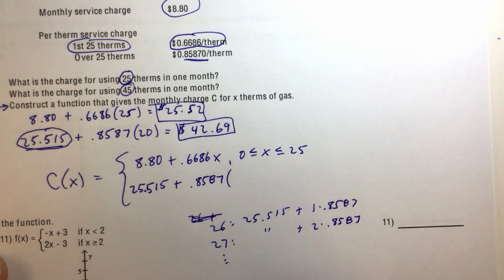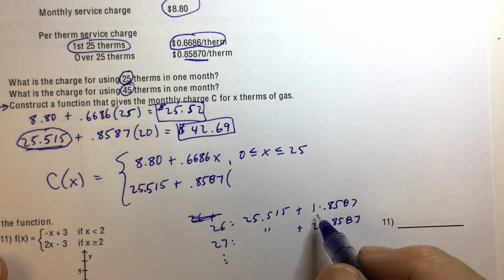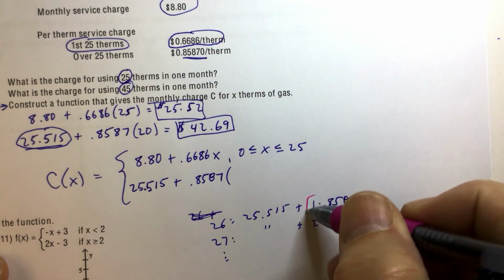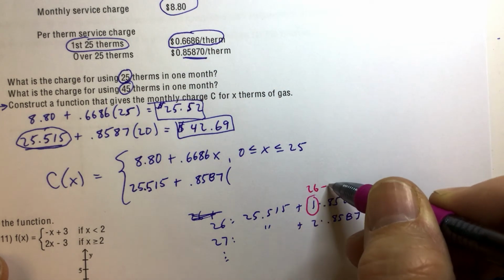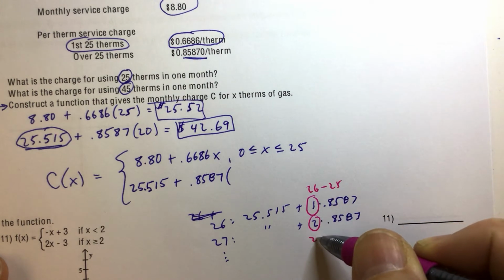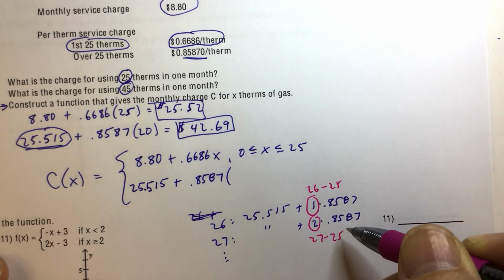You keep going, and this number right here, that was 26 minus 25. This guy was 27 minus 25.